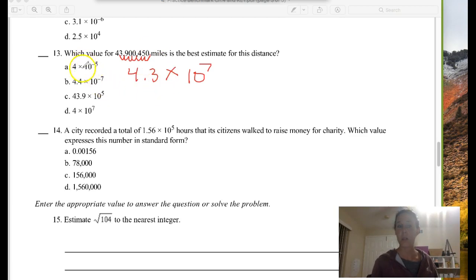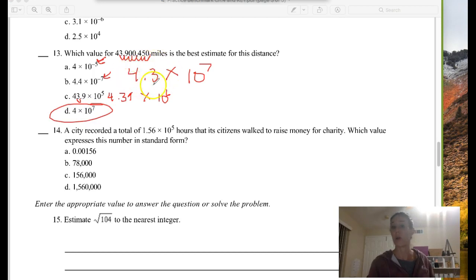So which one looks best? Here I have something 10 to the 7th. This is 10 to the 5th. This is 10 to the negative 7th. It's not that. 10 to the negative 5th. It's not that. These are actually tiny numbers. This could be, if I moved over one decimal place, 4.39 times 10 to the 6th, but it's not 10 to the 7th, so I'm going to have to go with D. 4 times 10 to the 7th would be the best approximation for this.